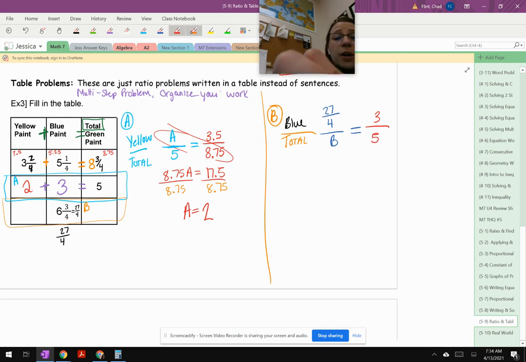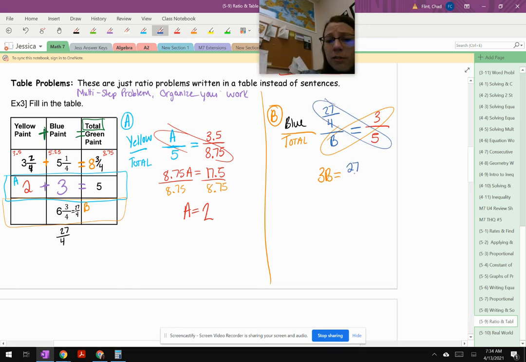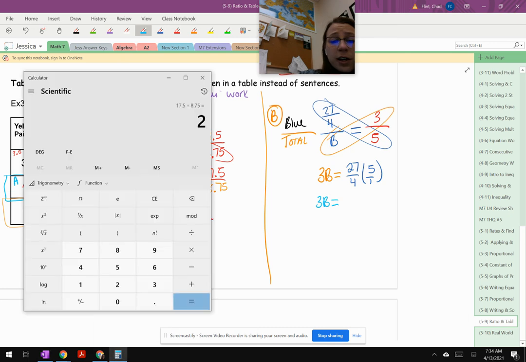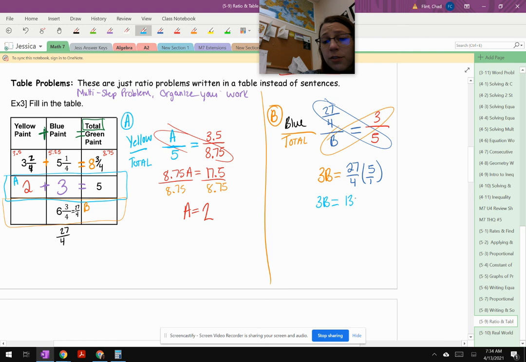So now I can do my cross multiplication. So 3b is equal to, and here I'm just going to write this out, 27/4 times 5 over 1. Remember, every whole number can be put over 1. 3b is equal to 27 times 5. 27 times 5 is equal to 135 divided by 4.